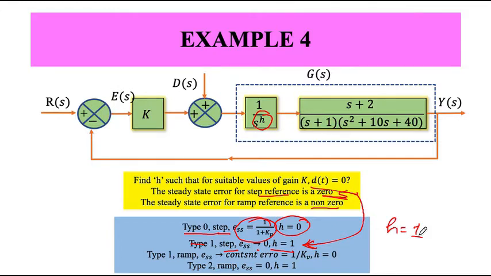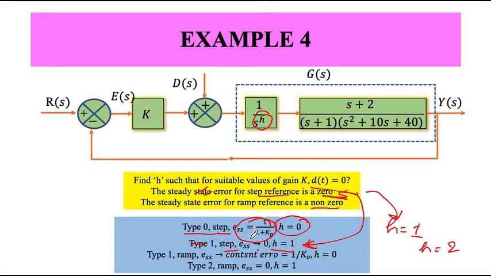Okay, so if just this was the statement, I could say H could be 1 or even more. H could be 2, and this statement still would be satisfied. That is, steady state error would be 0.